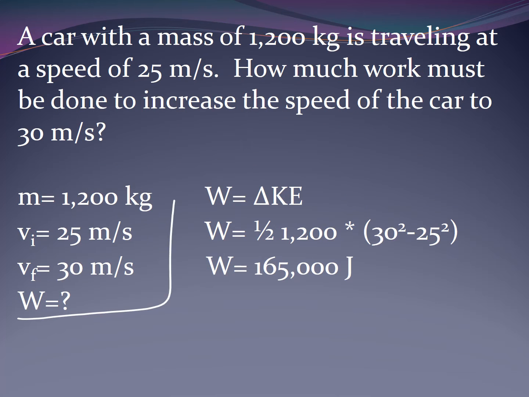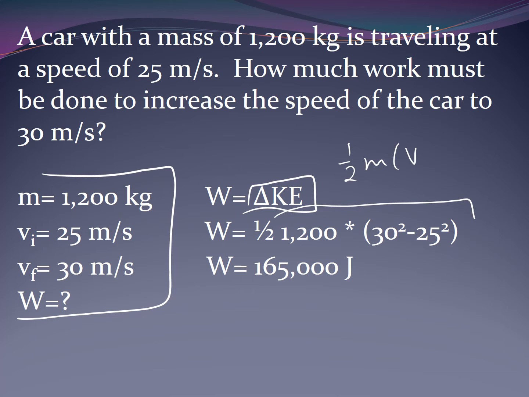So once we have our variables down here, we use the kinetic energy work energy theorem equation. Again, this equation we use 1/2 m vf squared minus vi squared. 1/2 times our mass times we group our final velocity squared, 30 squared, minus initial velocity squared, 25 squared. When we multiply this, we get 165,000 joules.